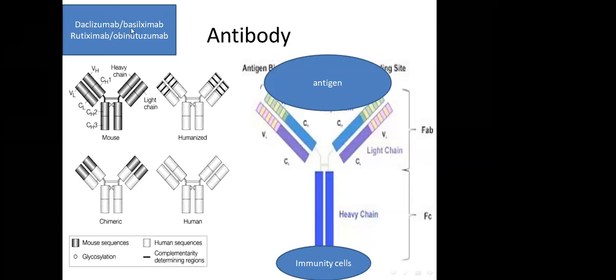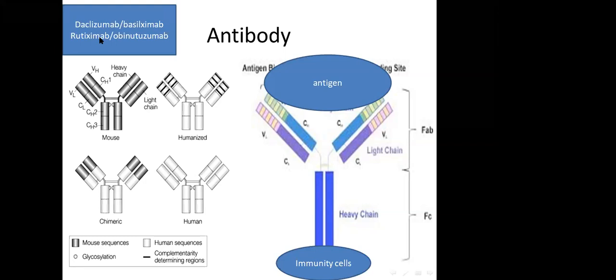On the other hand, basiliximab is a chimeric. It's made 75% of its structure from human and 25% from animal, and it will be more antigenic. Both of them are anti-CD25, so it's the same target, but it's different in structure.